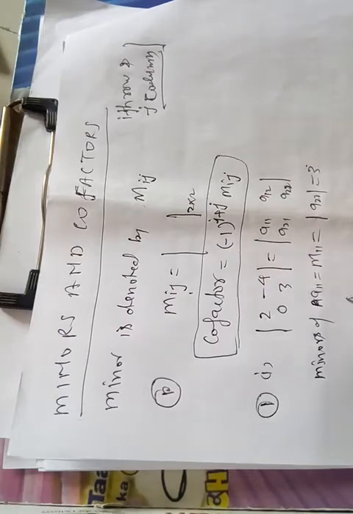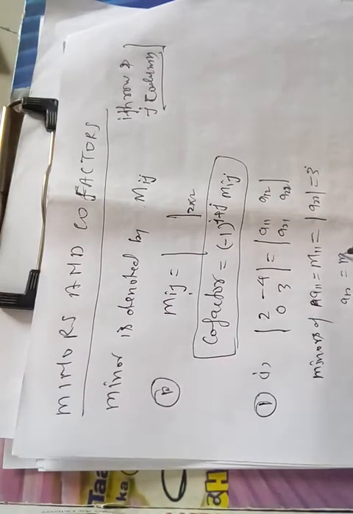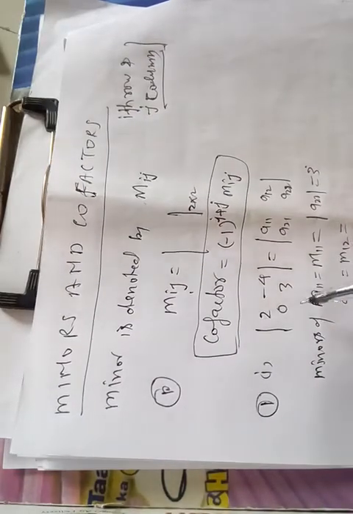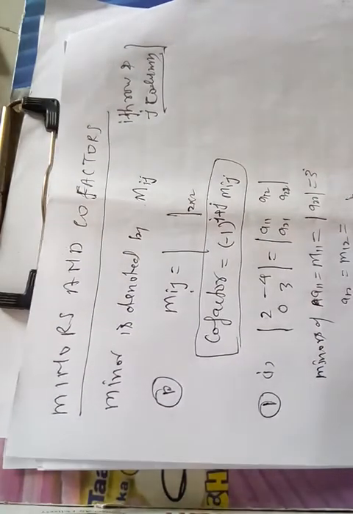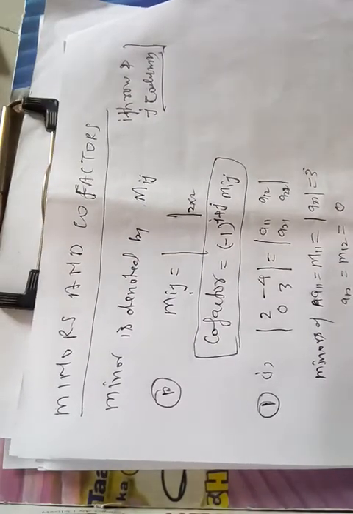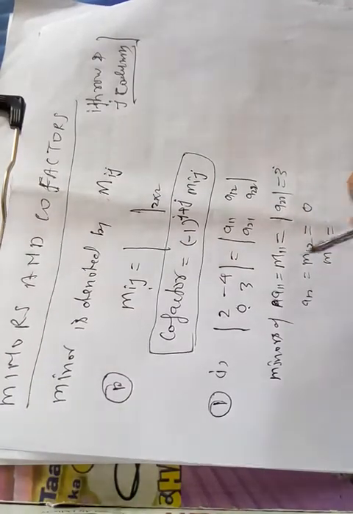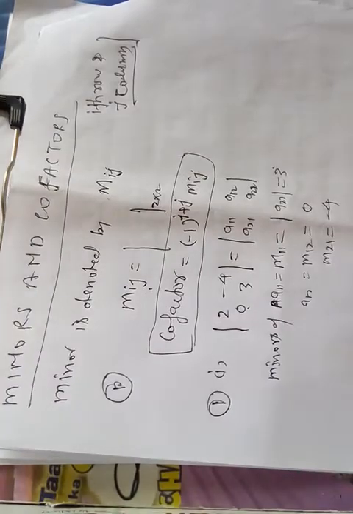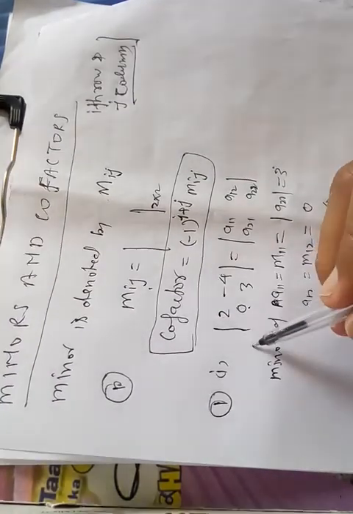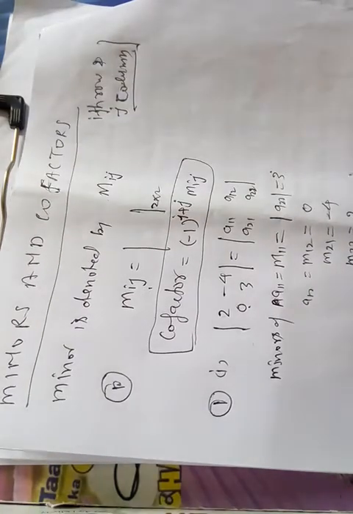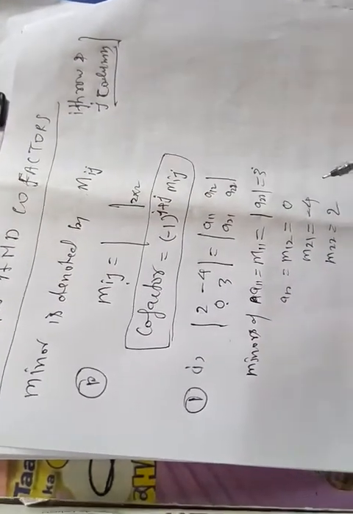And M12, first row and second column deleted, this is 0. Okay. M21, second row and first column deleted, this is minus 4. Clear? And M22, second row and second column deleted, equals 2, right?